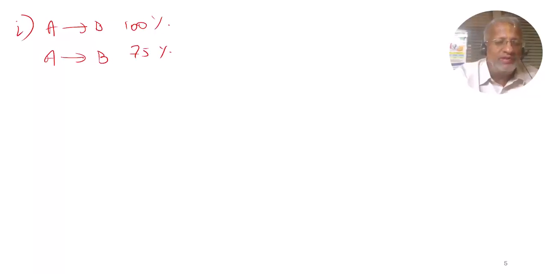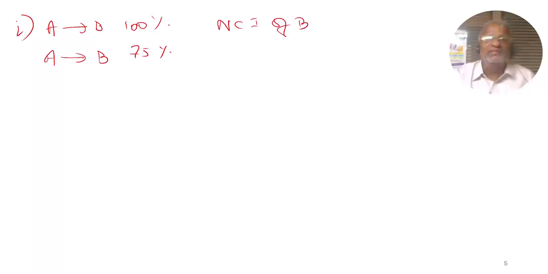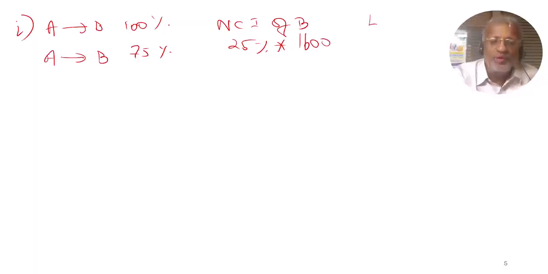Therefore NCI of B is the creation that they have made. So NCI of B will be 25 percent into 1600, that comes to 400. Correct? NCI of B is the sale that they have made, because B they were holding.